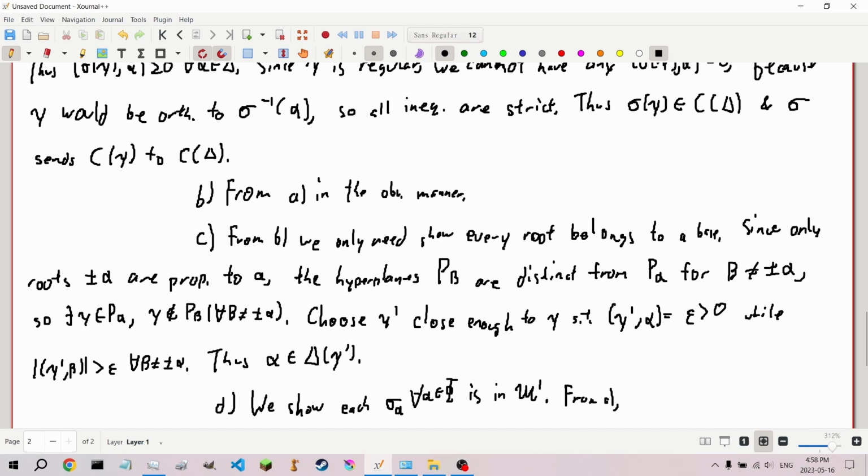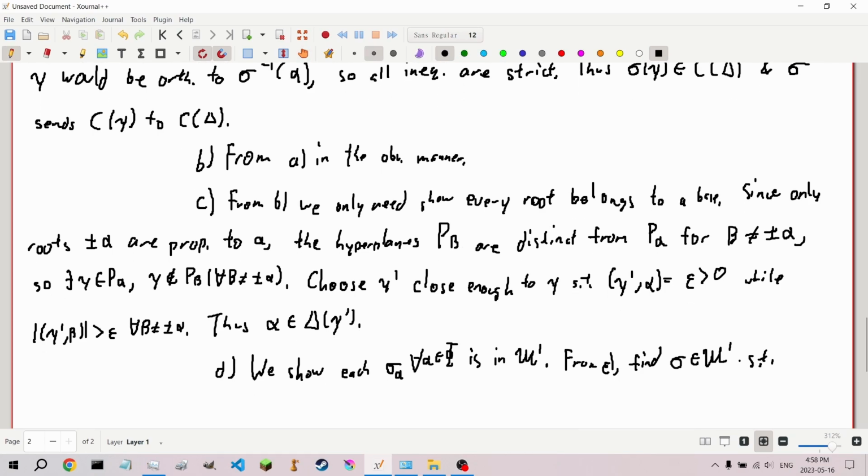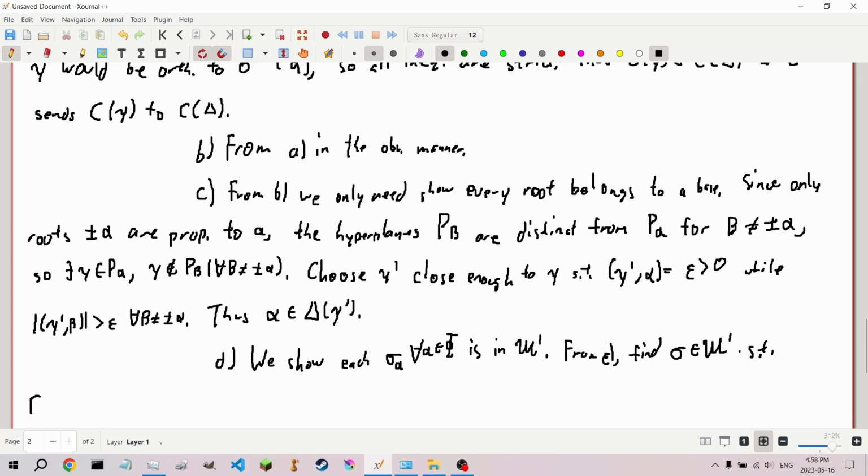From C, find a σ in the lesser Weyl group such that β is just σ(α) in our base.